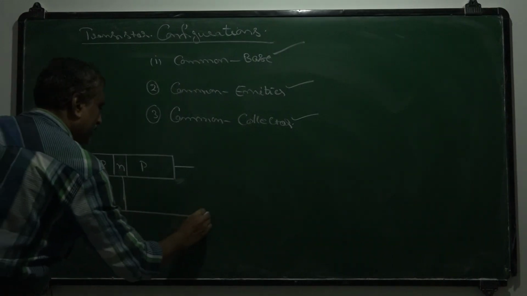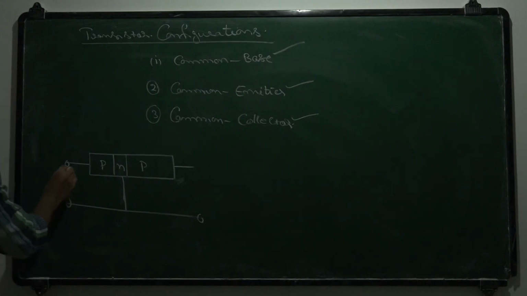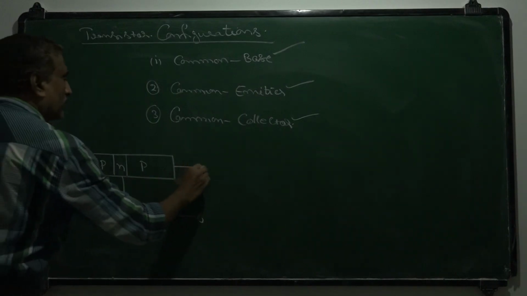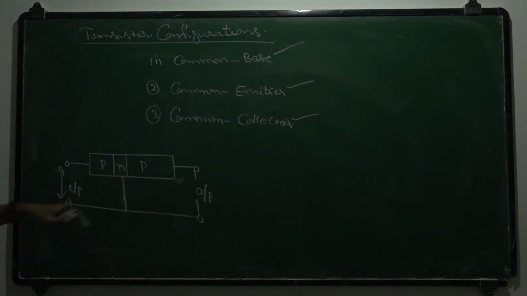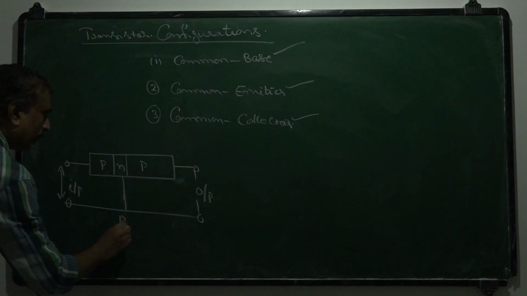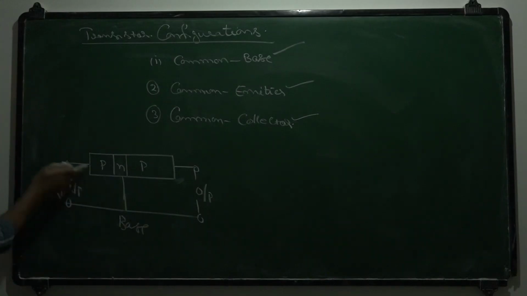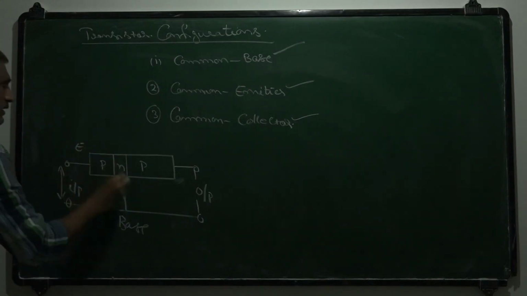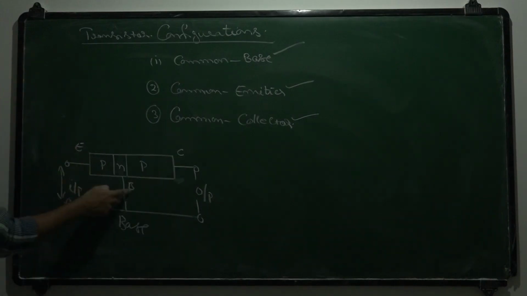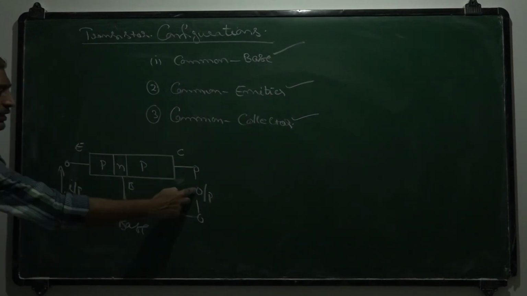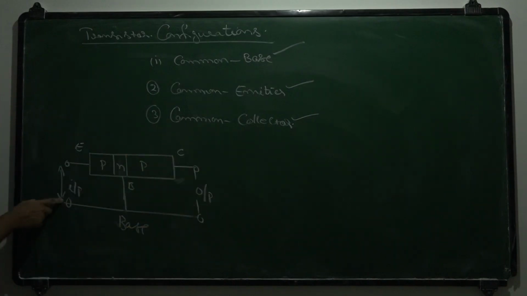We take like this: this is input and this is output. So this is common base. As the base is common to both, this is emitter, this is base, this is collector. Emitter and base form the input, collector and base form the output, and base is common to both. So this is the common base configuration.